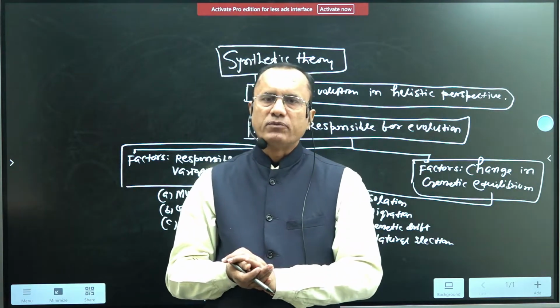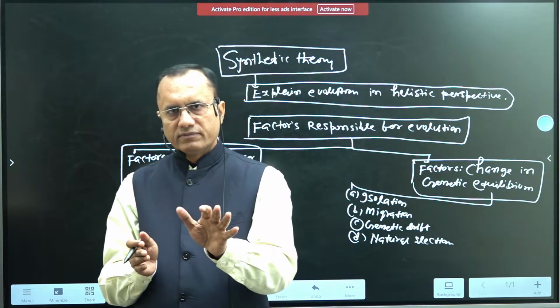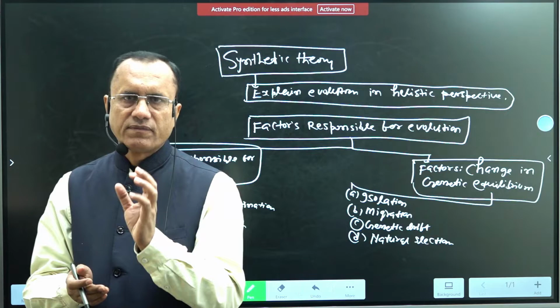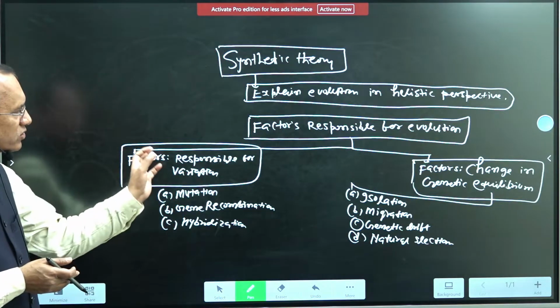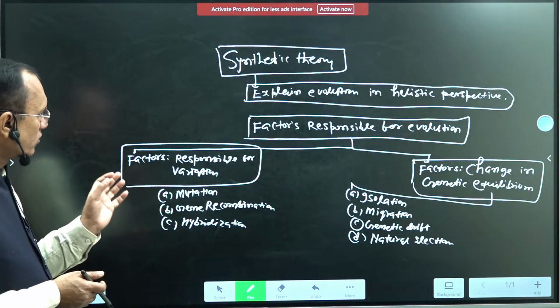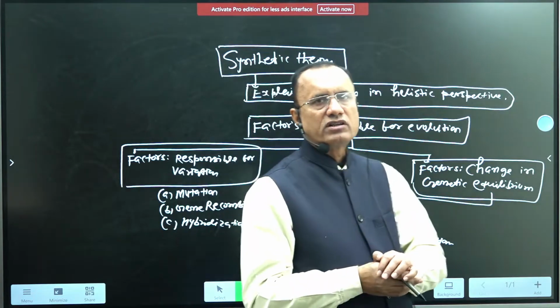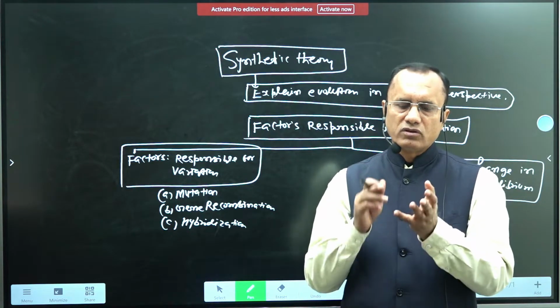So basically, mutation is the ultimate source of variation, and you have to define all these factors.